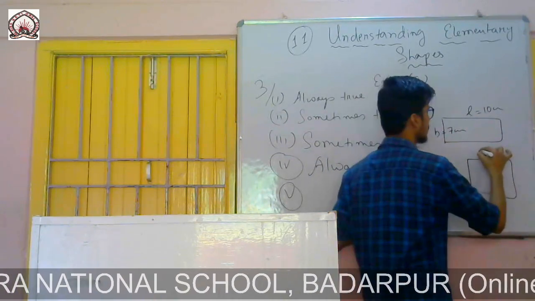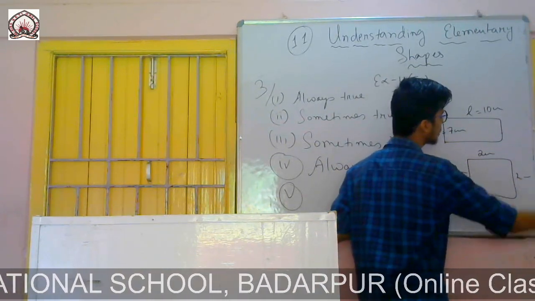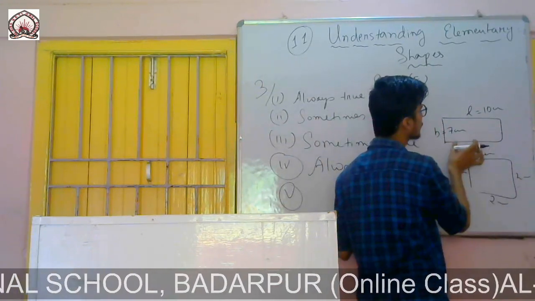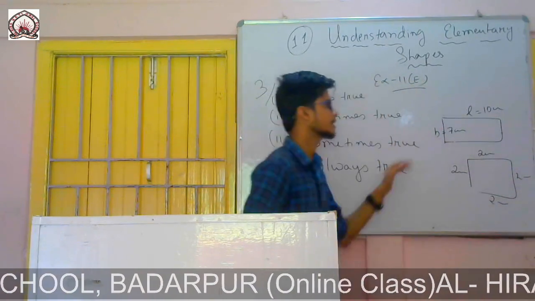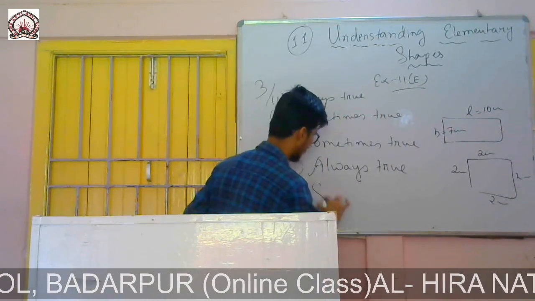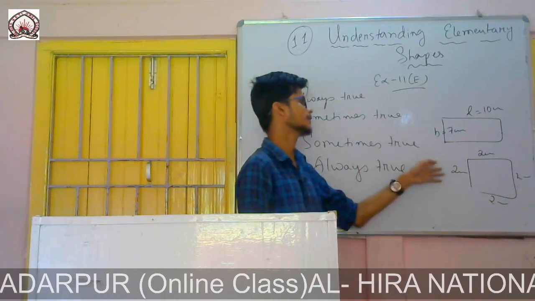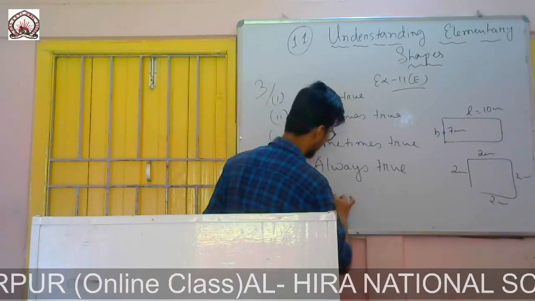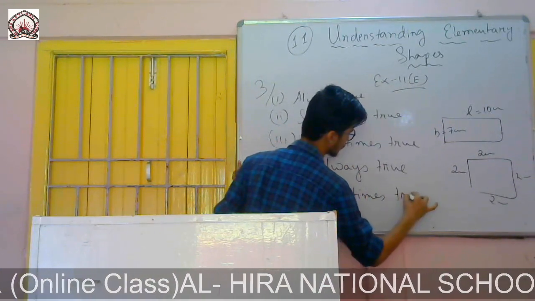If this side is 2 centimeter, then all the sides will be 2. So a rectangle is a square if and only if all the sides are equal. So we will write it as sometimes true.